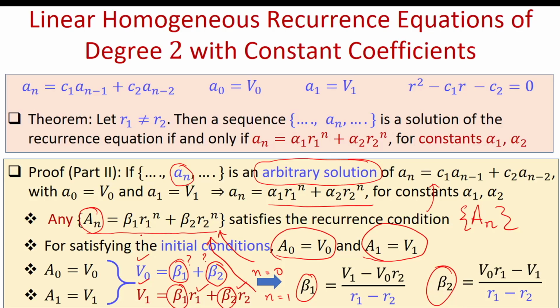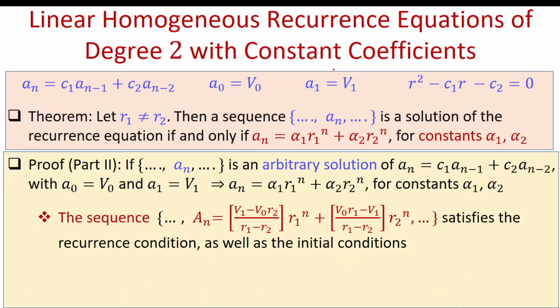I know it satisfies the recurrence condition, and I also know the values of beta 1 and beta 2 for which this capital A series will satisfy the given initial conditions. Namely, I know the values of beta 1 and beta 2 for which capital A of 0 would have given me V0, and capital A of 1 would have given me V1. I know that. Okay.